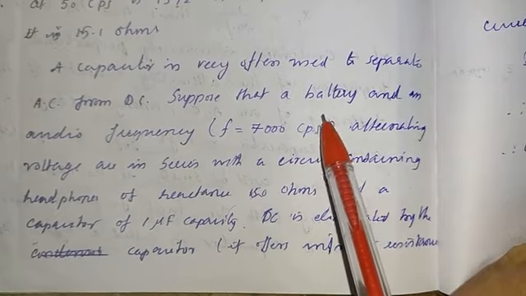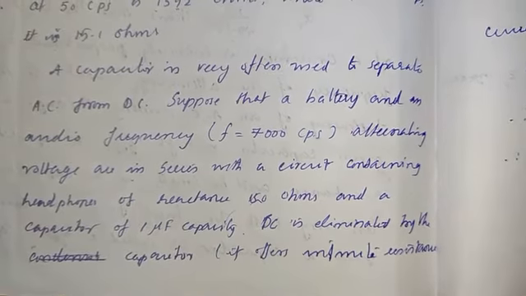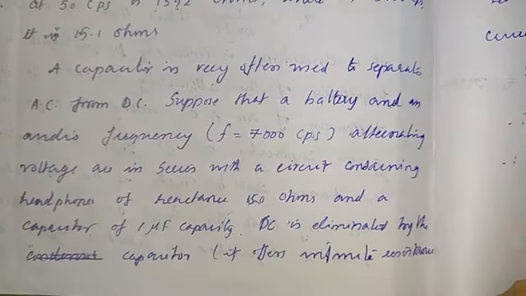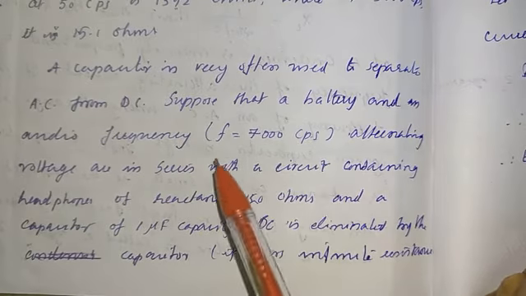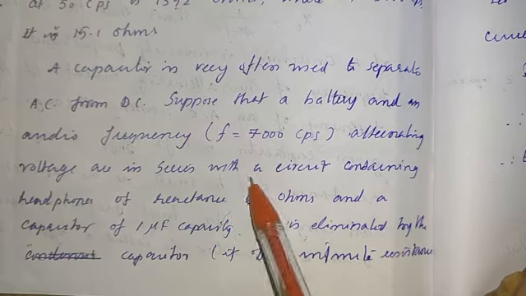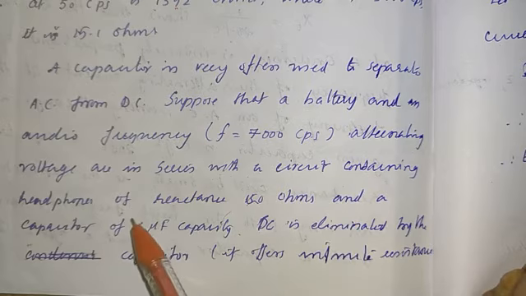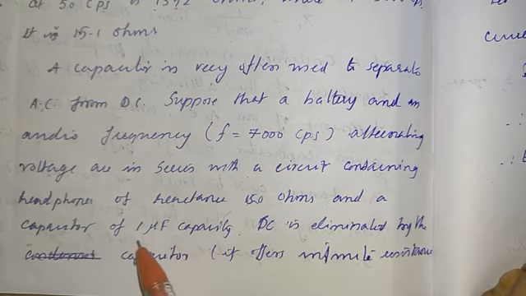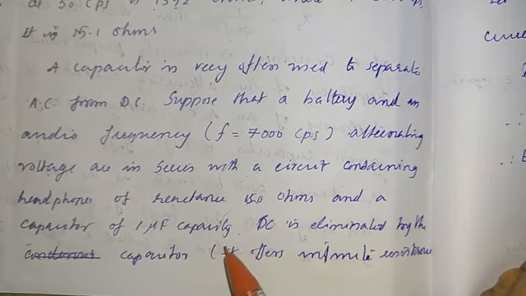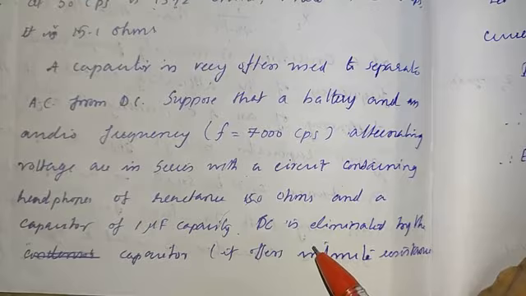Suppose that a battery and an audio frequency alternating voltage of 7000 cycles per second are in series with a circuit containing headphones of reactance 150 ohms and a capacitor of 1 microfarad capacity. Then what happens?